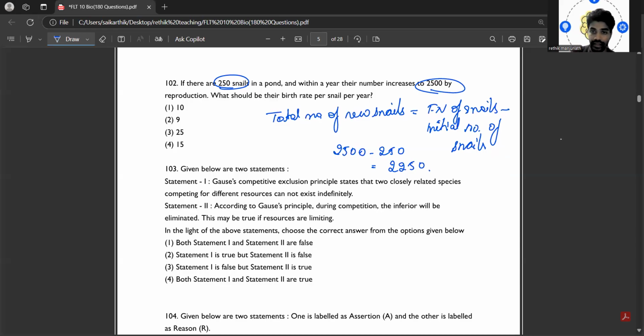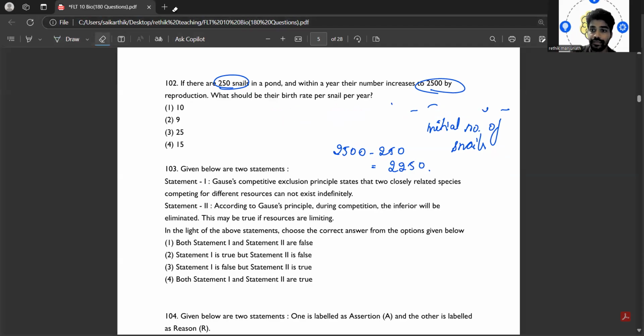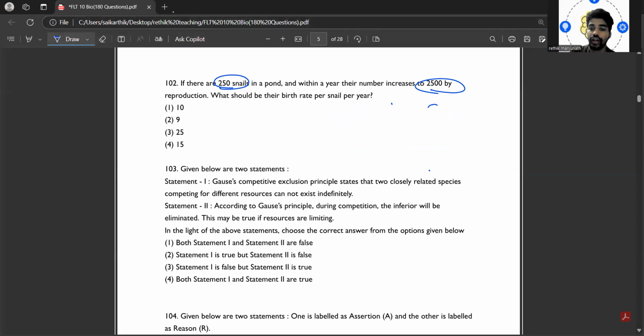So this one thing is clear. I want you to note it down. 2250, do remember. Now what should be the birth rate per snail per year? The birth rate per snail per year will be the total number of new snails divided by the initial number of snails.